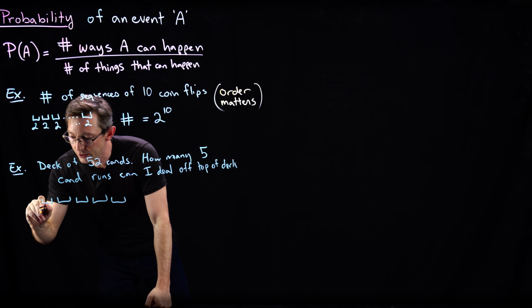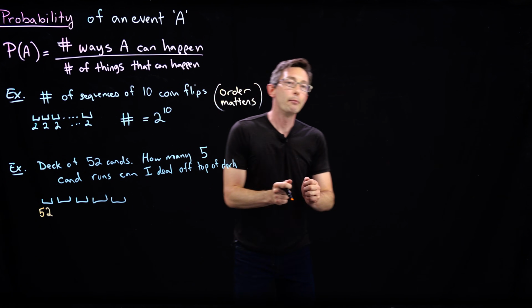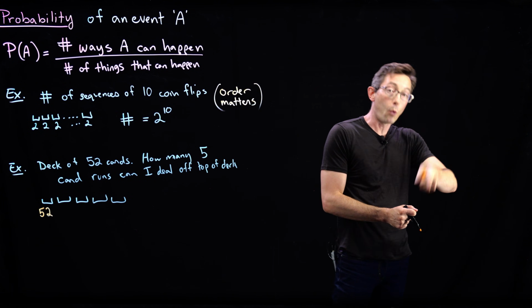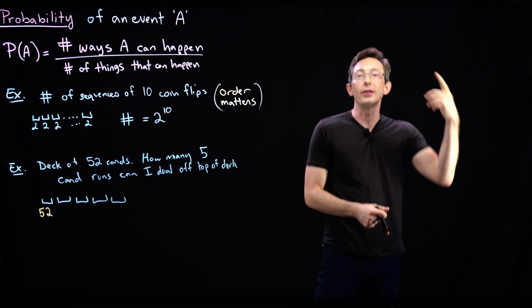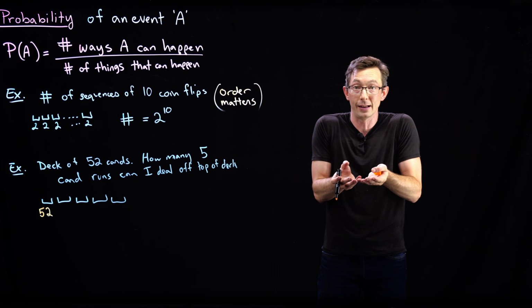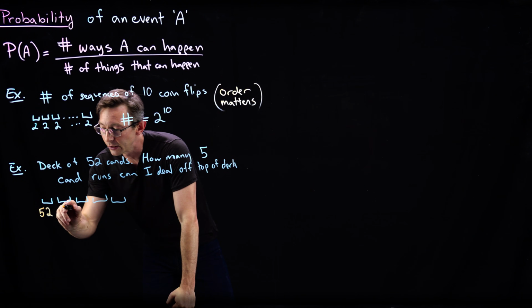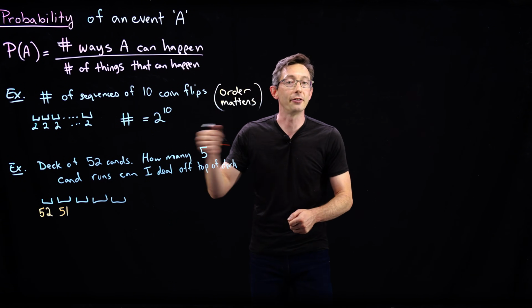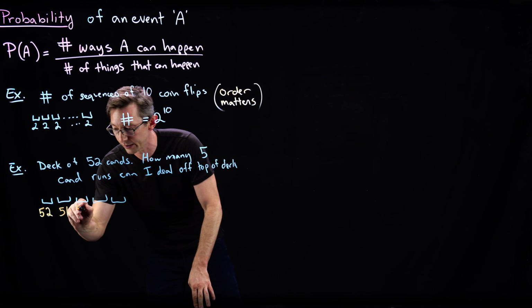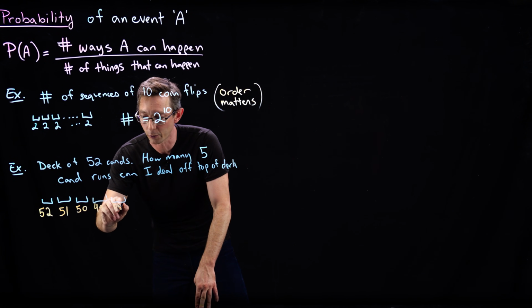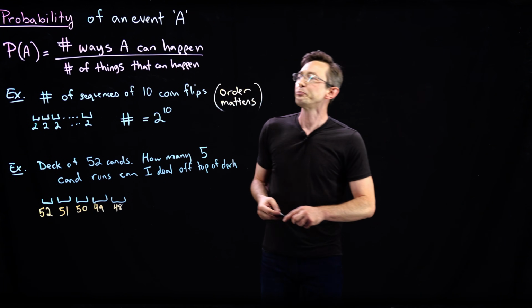But once I have dealt that card, there are only 51 cards left in the deck. So now there are only 51 possible cards for the second card. And once I've dealt that one, there are only 50 cards left for the third card, and 49 for the fourth card, and 48 for the fifth card.